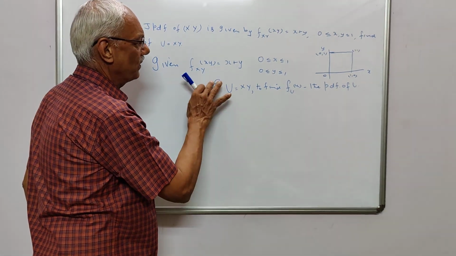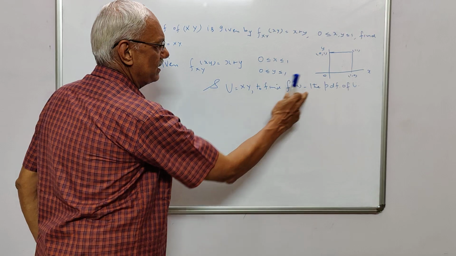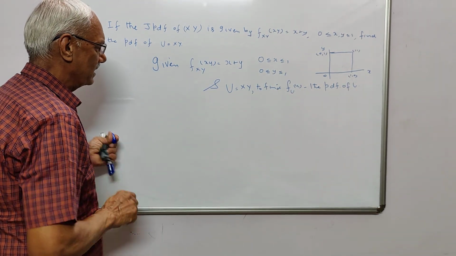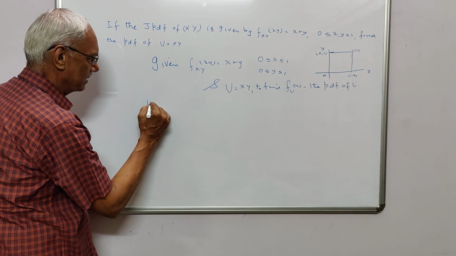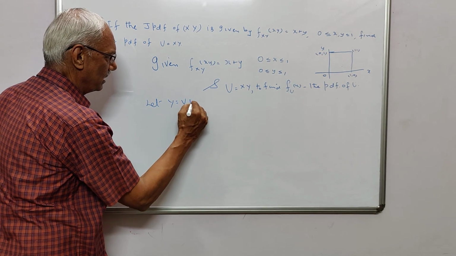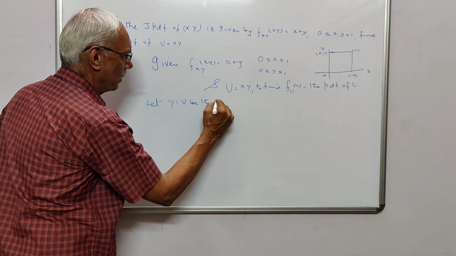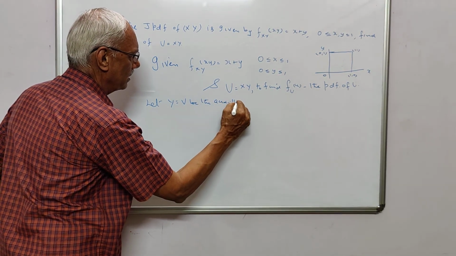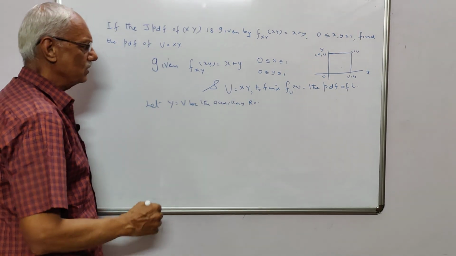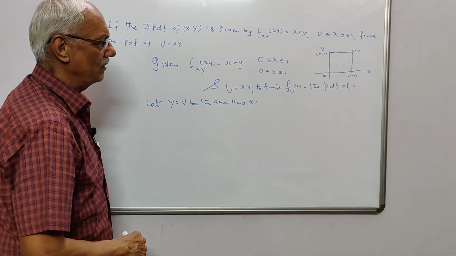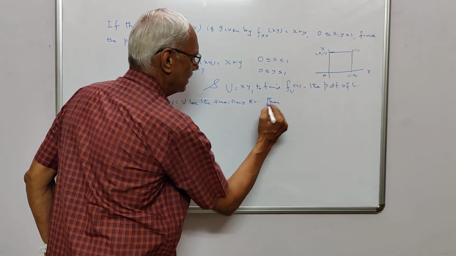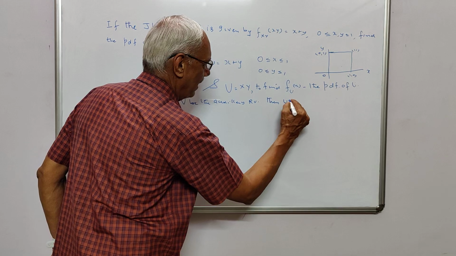Now let us try to find out the probability density function of u, for which let, I'll write here, let y is equal to v be the auxiliary random variable. So it is also a random variable.